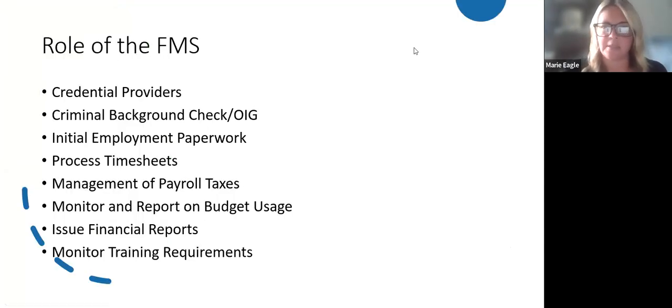Okay, so we're going to start on this. Again, overall, what is the role of the fiscal management service provider in these arrangements? This is a high-level list of the role of the FMS. Their role is to credential the providers, the staff being hired within the arrangement.